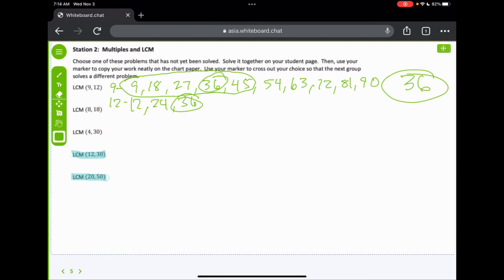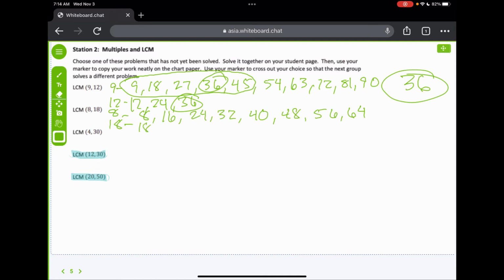Okay, now let's do 8 and 18. If I do 8, I got 8, 16, 24, 32, 40, 48, 56, 64. And I'm going to stop there and just try it.